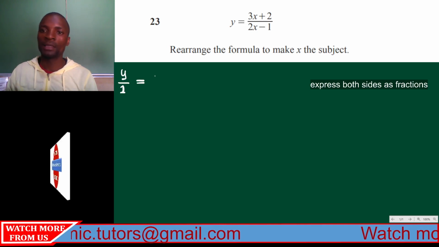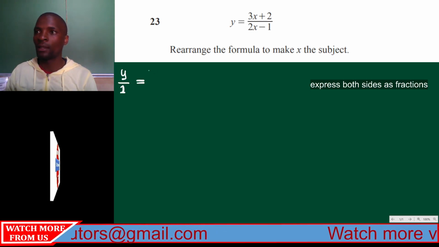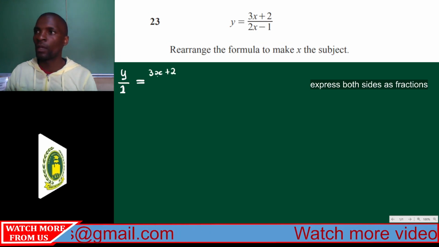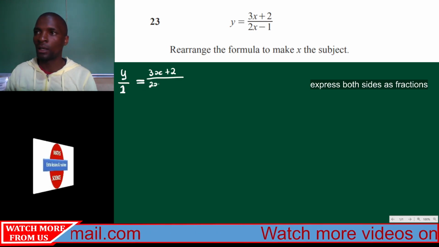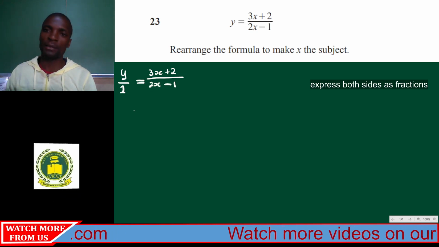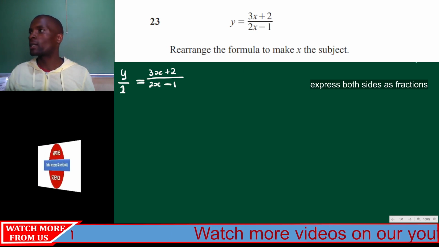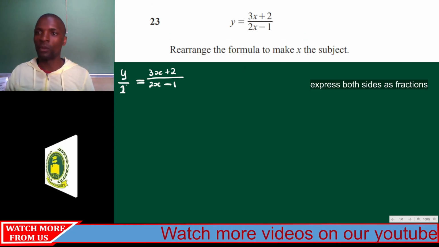The right side of the equation is balanced already, so we write it as 3x plus 2, and then all this over 2x minus 1. There are no changes on this part. When you are done with this, thumbs up, you have done the first stage correctly of expressing both sides as fractions.